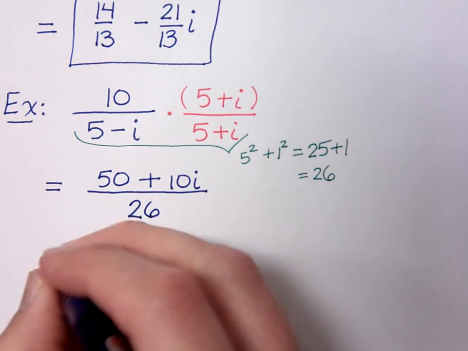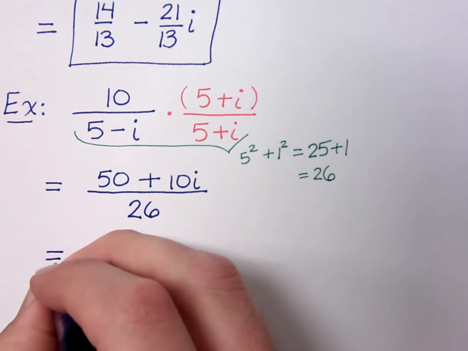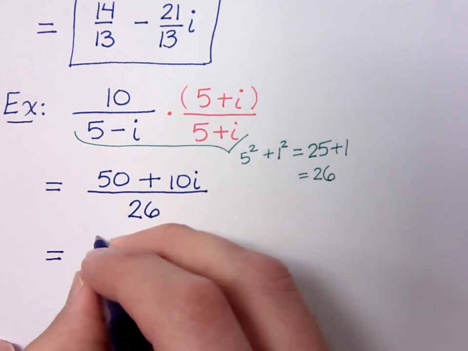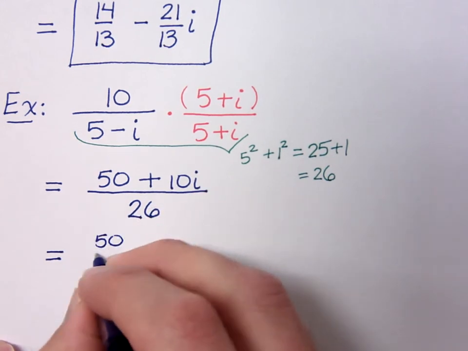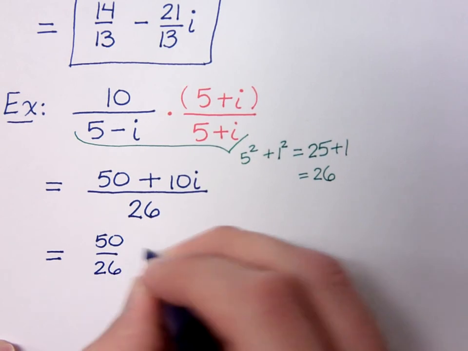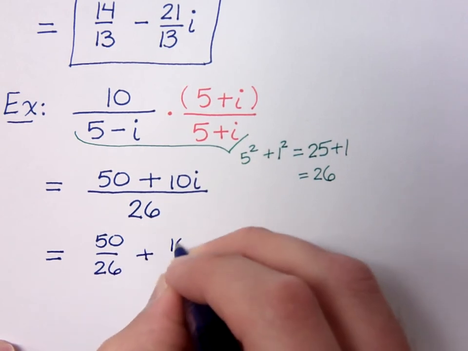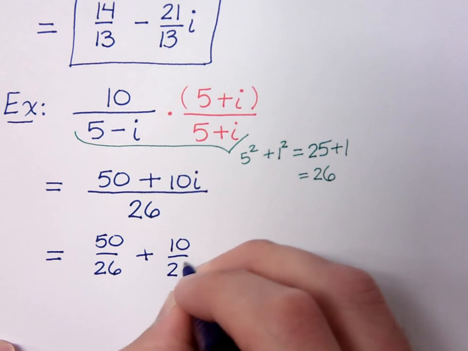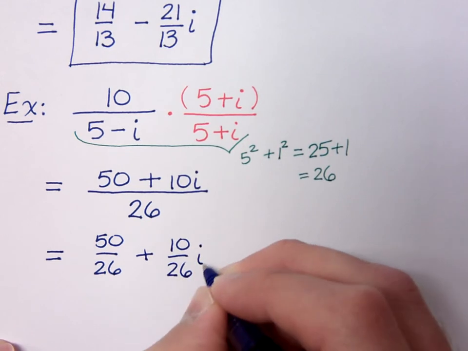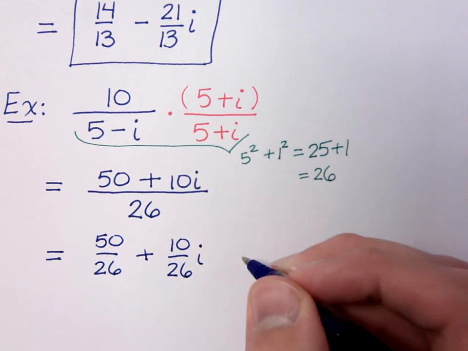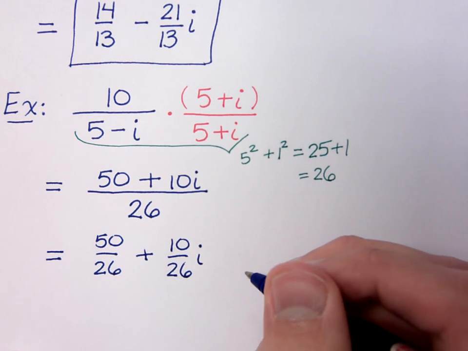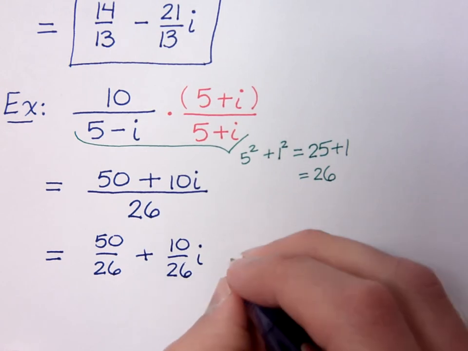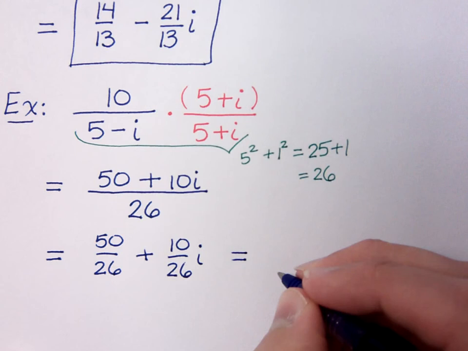And just like we did in the last problem, we want to separate this into the two smaller fractions. So that's 50 over 26 plus 10 over 26i. And you know me, you know this isn't good enough because it's not, dare I say, perfect, but it's not simplified all the way. So, reduce these fractions.